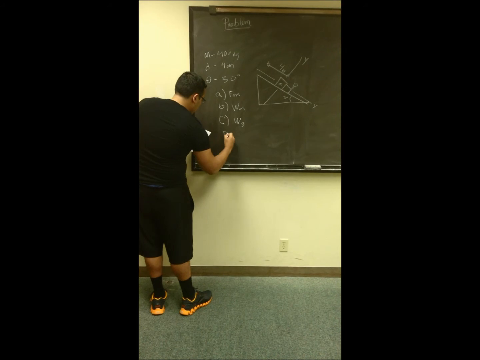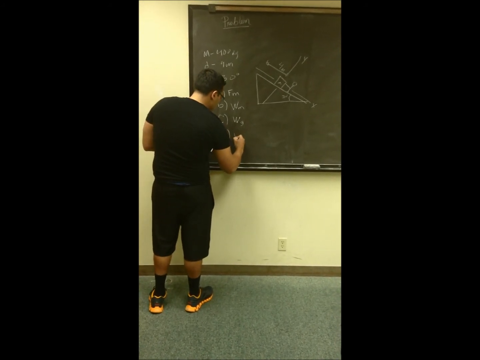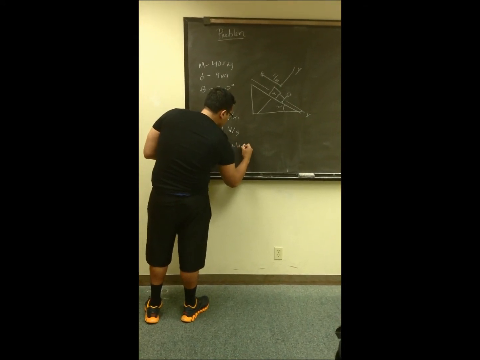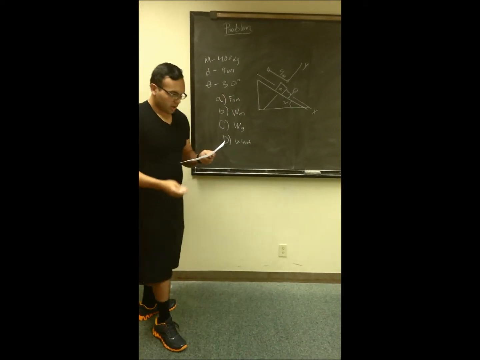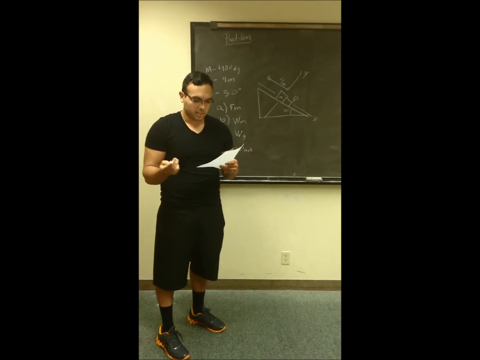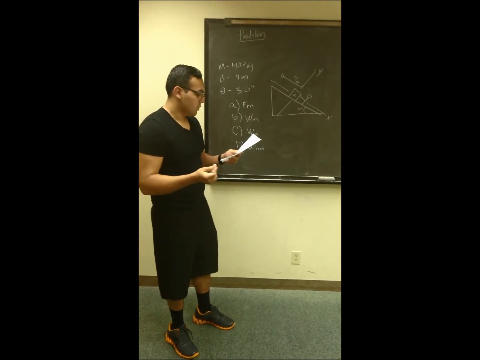And we're also trying to find D, the net work done on the piano. Alright, and now I'm going to let Marco take A and figure out the force of the man.